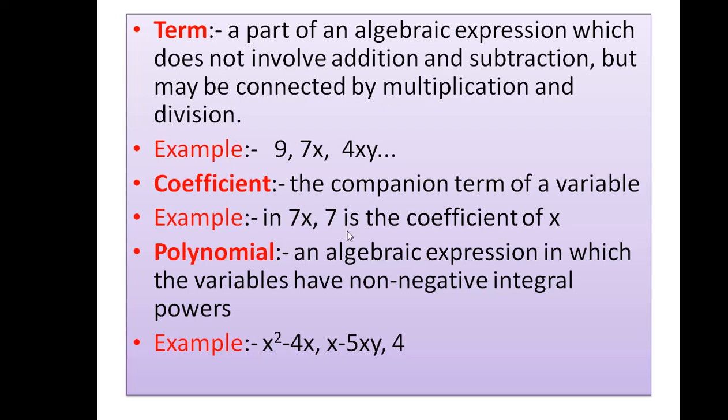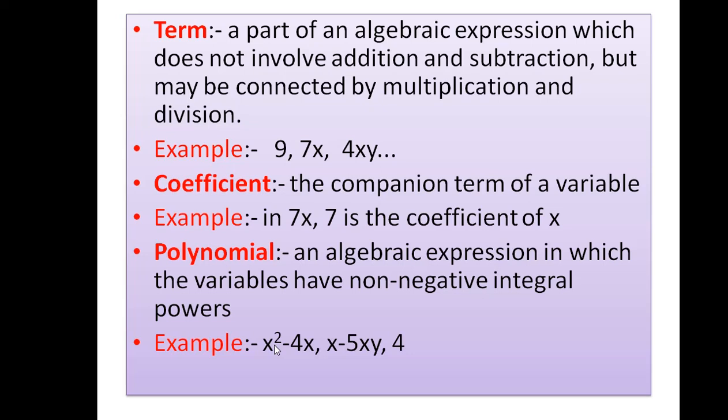Then next is polynomial, an algebraic expression in which the variables have non-negative integral powers. So the algebraic expression will have variables which will not have negative powers, only positive or zero powers. Such an algebraic expression is called a polynomial.